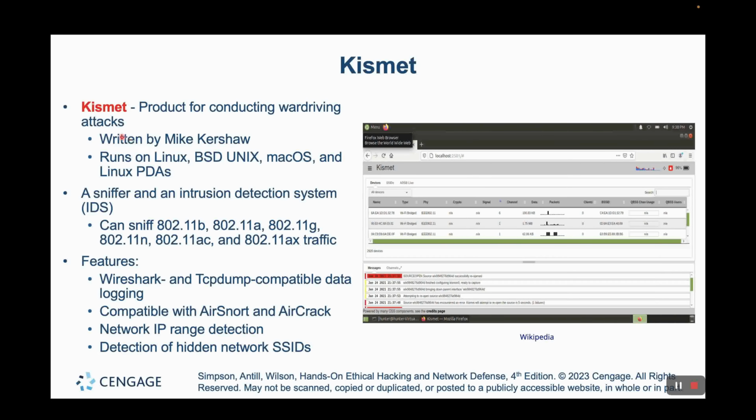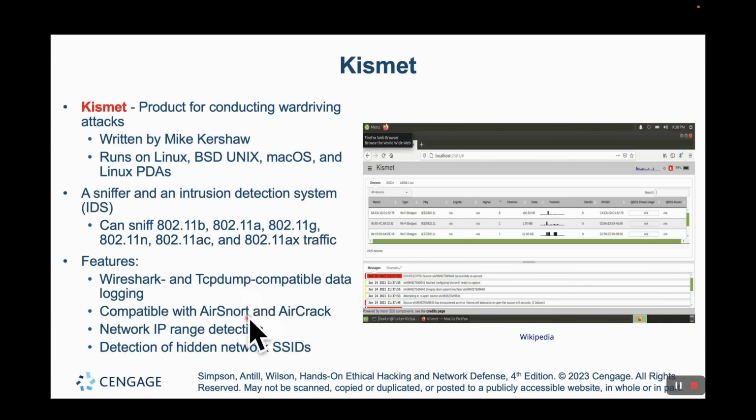Now, Kismet can also be used for doing war driving attacks and runs on different types of operating systems. It's a sniffer and an IDS. It can sniff all these types of traffic coming from these Wi-Fi standards here. It features Wireshark and tcpdump compatible data logging.